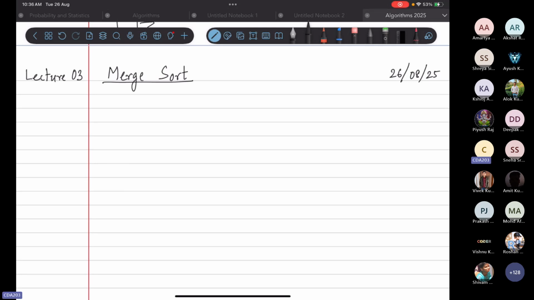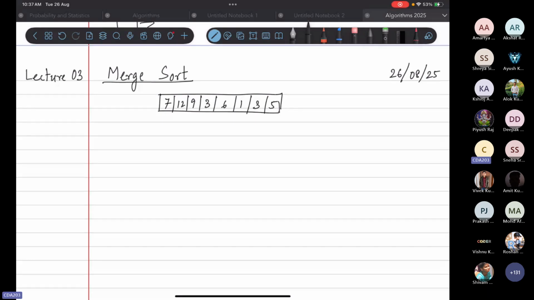So let me just give you the idea of this process itself. Suppose we are interested in sorting these numbers. These 8 numbers I'm interested in sorting.